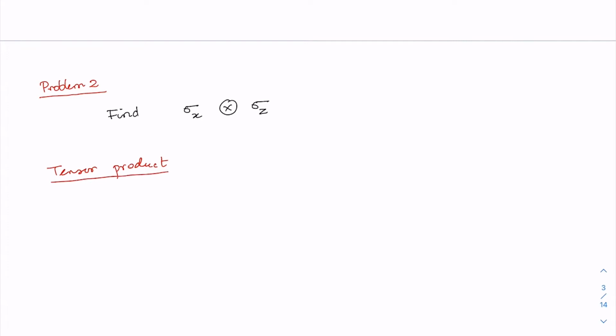Say we have a matrix A, an m by n matrix, and B, a p by q matrix. Then the tensor product of A and B is denoted as A cross B.